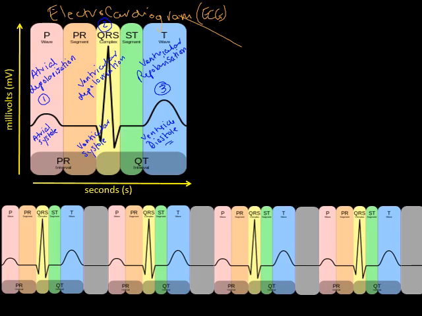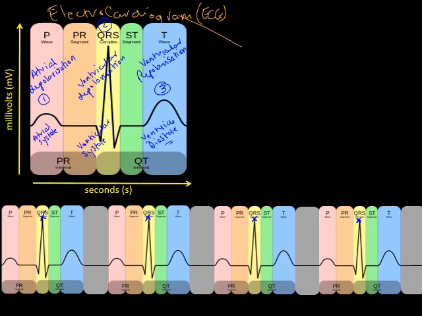Now the way to work out how many beats per minute is to take any point on a single ECG trace, maybe the peak of the QRS complex here on the left, and then work out the time it takes for that QRS peak to be repeated, and it will again be repeated at regular intervals like this.